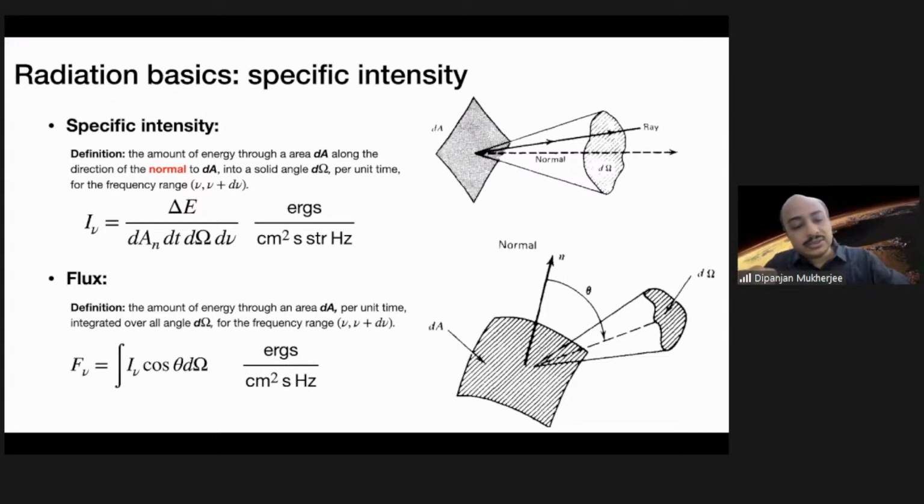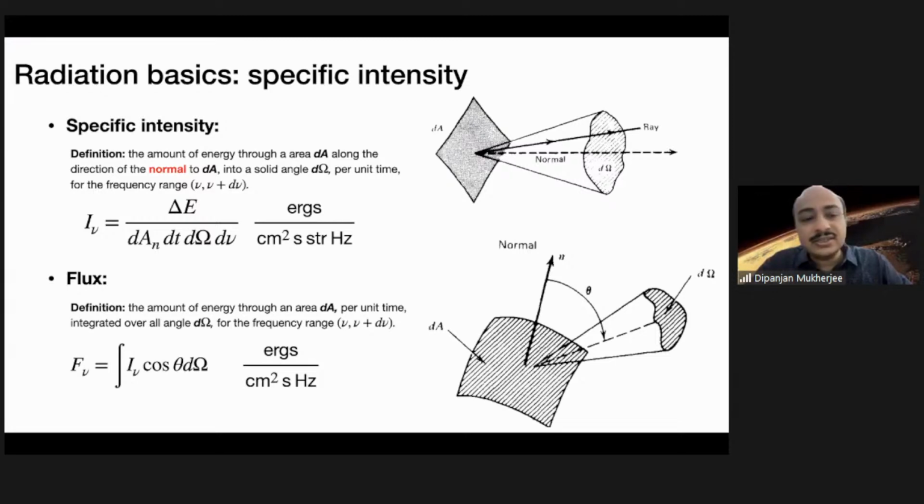Now, I will talk about some of the basics of the mathematical formulation of how we can understand, when energy is emitted from a given source and reaches us, what would be the ultimate flux of it. To define it, we will give some definitions of how to define the energy going into a particular direction.